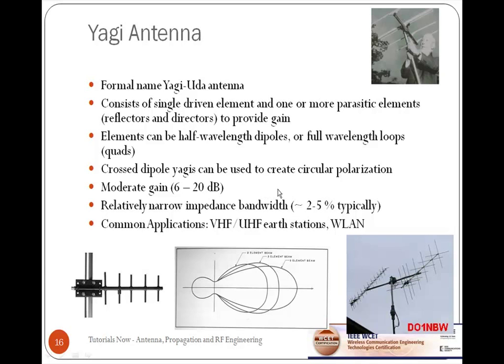Most Yagi antennas give moderate gains somewhere from 6 to 20 dB and relatively narrow impedance bandwidth, typically about 2 to 5%. The Yagi antenna have common applications in VHF and UHF earth stations, or even in the wireless LAN systems. As shown here, the more elements you have on the Yagi antenna, the smaller the beamwidth is.